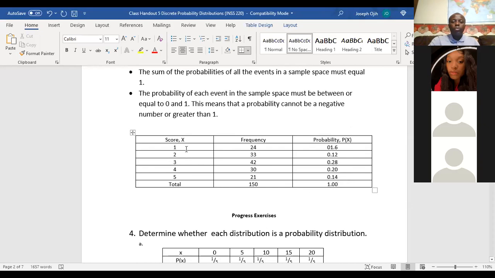No, okay, good. So now we are ready to draw the graph of this distribution. The graph of a probability distribution.